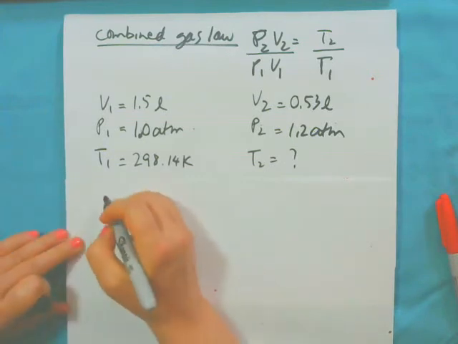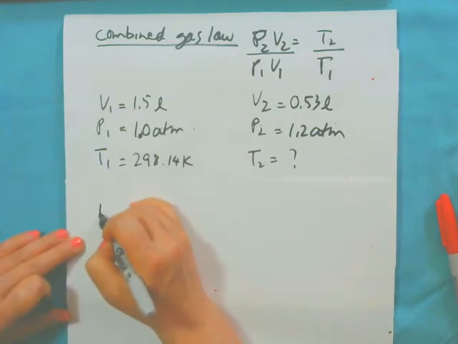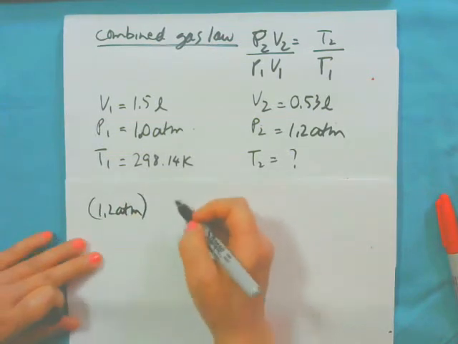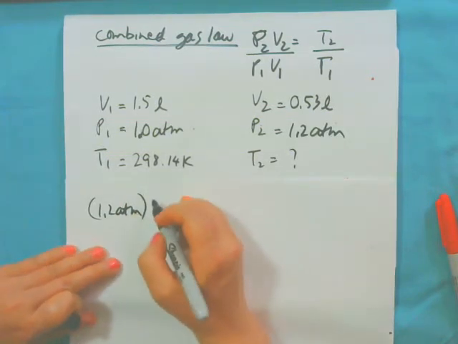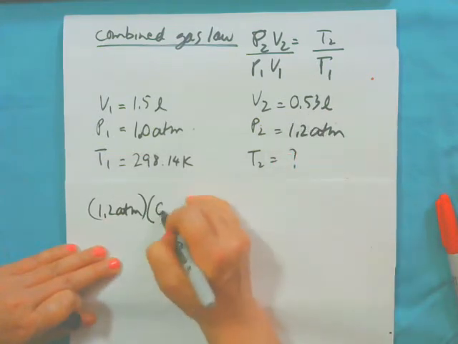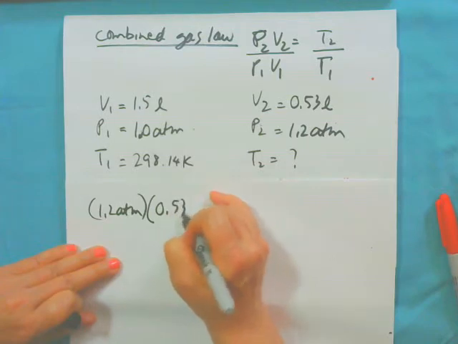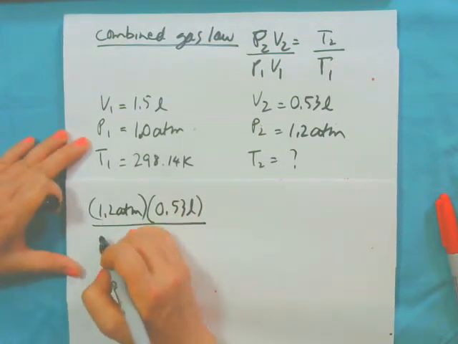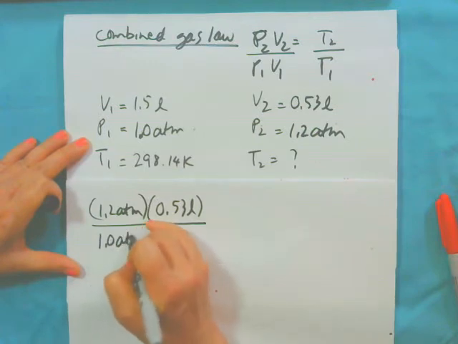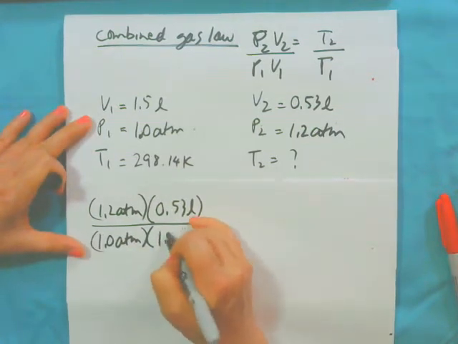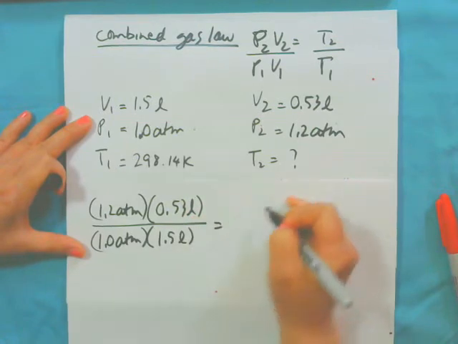So we're going to say P2 is 1.2 atmospheres. Keep all the units there, because if you forget the units, you will confuse yourself and come up with the wrong answer. My volume 2 is 0.53 liters. And then I've got pressure 1 is 1.0 atmospheres. My volume 1 is 1.5 liters.